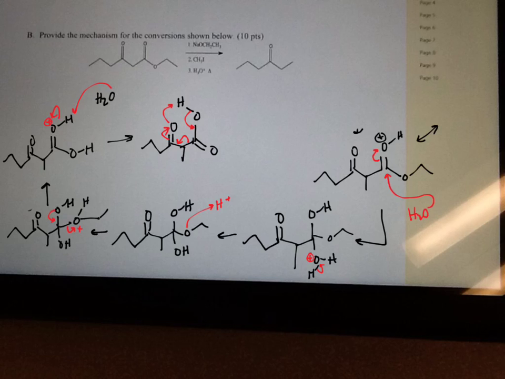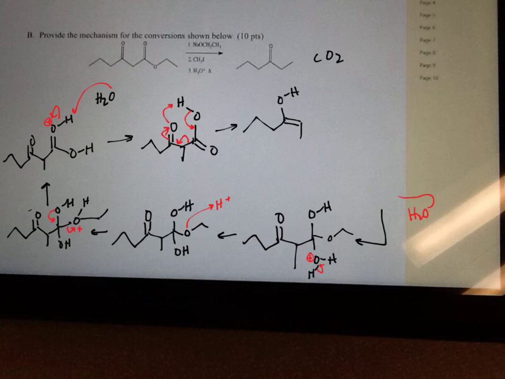Those are all double-headed arrows. And I sure hope I haven't lost any carbons in the process of this. CO2 should officially be drawn on there, but I wouldn't blame you if you didn't draw it. Probably wouldn't take off points either.